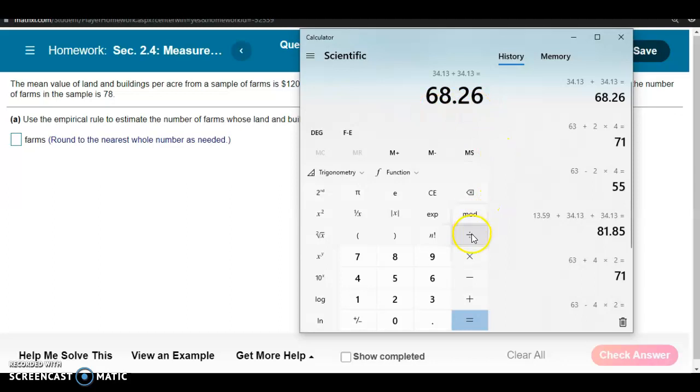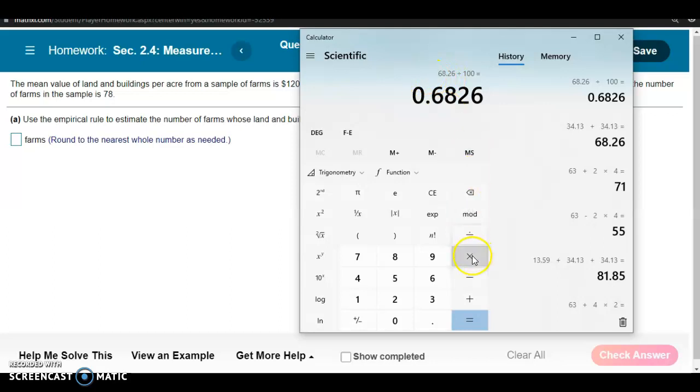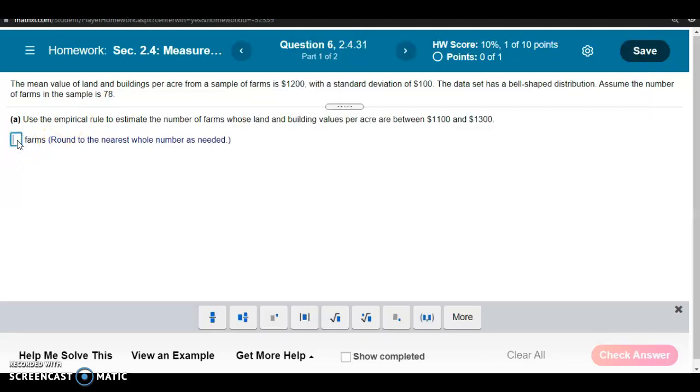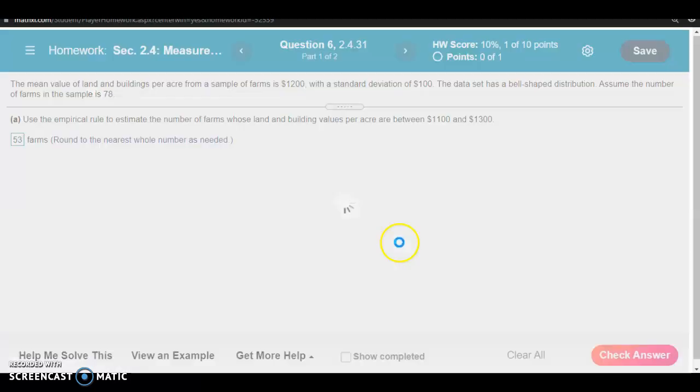When you convert a percentage into a decimal, you divide it by 100, which is 0.6826. Or in other words, take the decimal point and move it 2 places to the left. Multiply that by the number in our sample, and we get approximately 53. So approximately 53 farms are between $1,100 and $1,300 per acre.